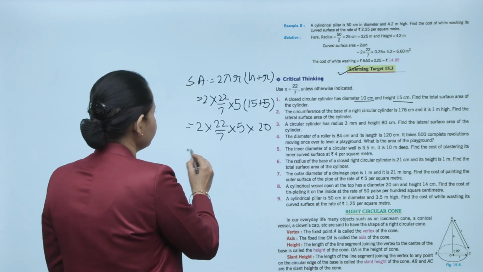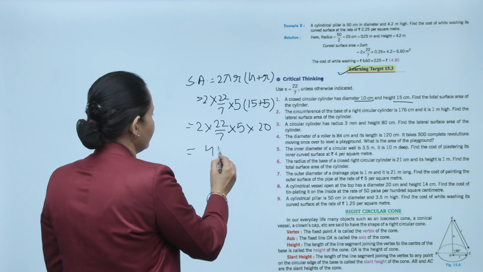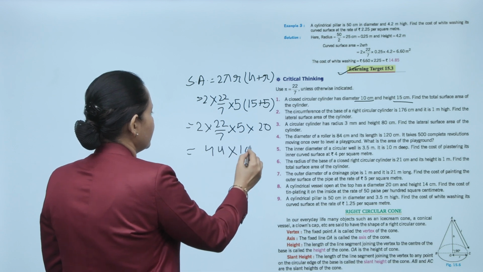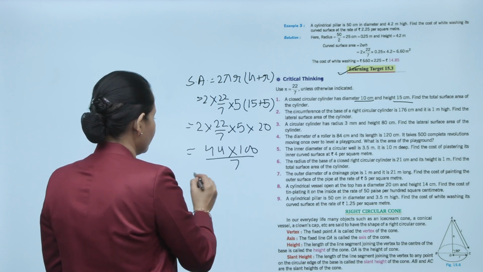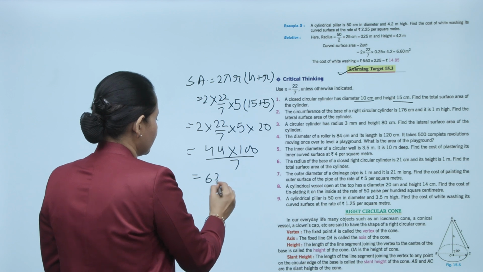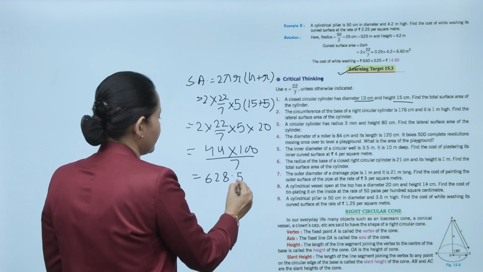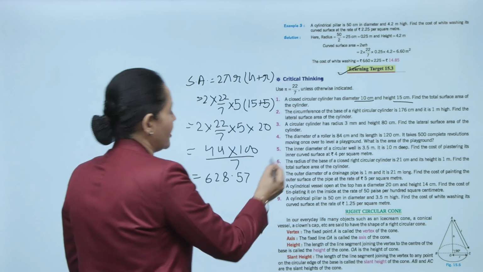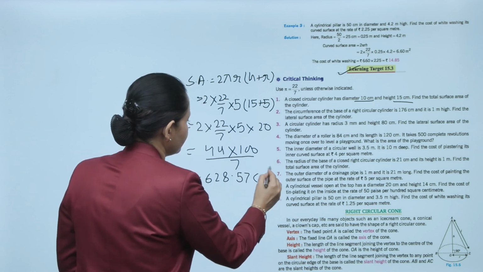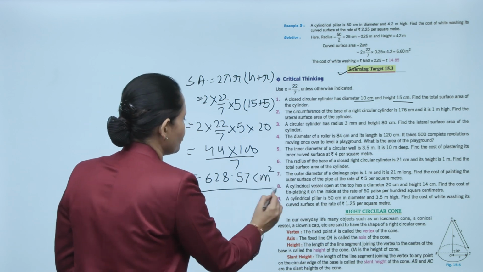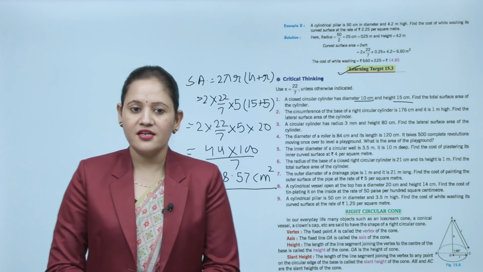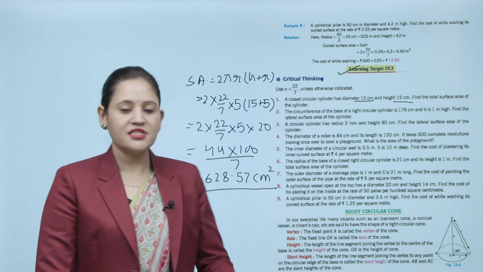So this will be 4400 upon 7. If we solve this, it becomes 628.57 centimeter square. That is our total surface area. Clear? Practice all the questions.